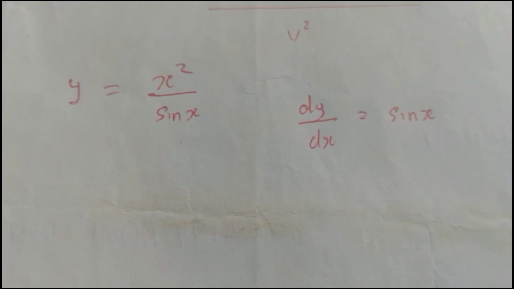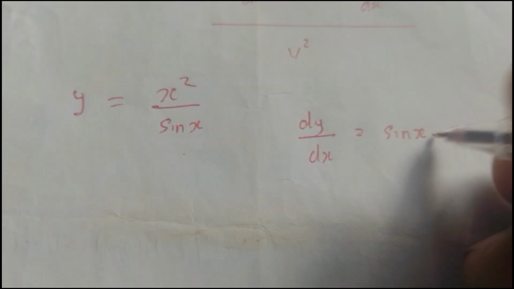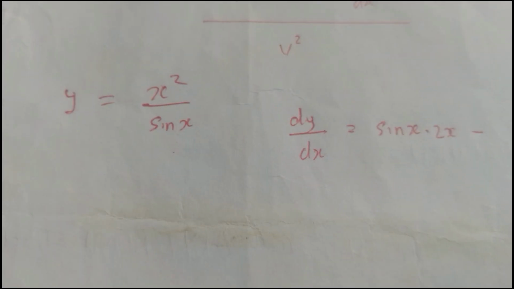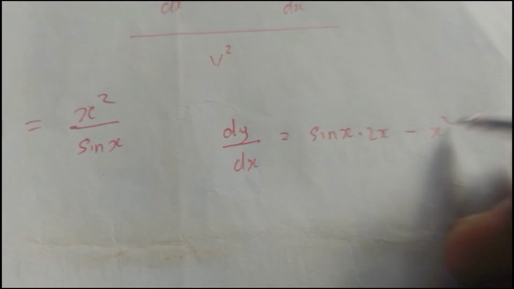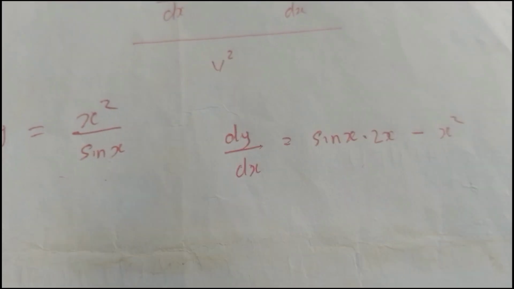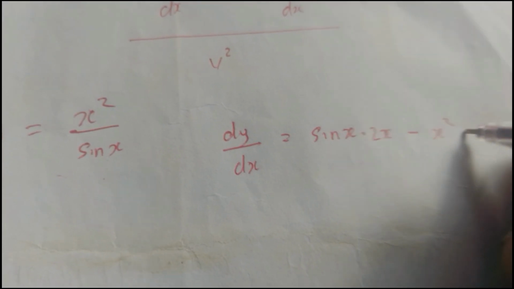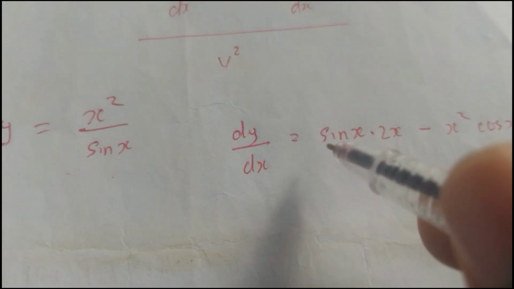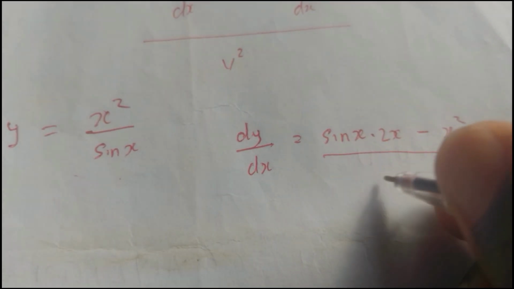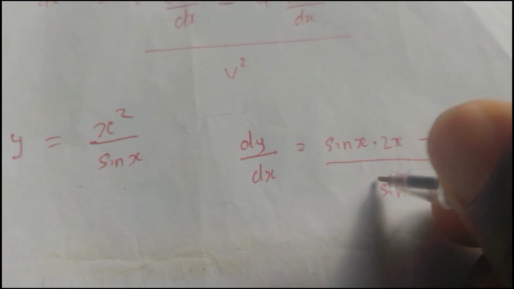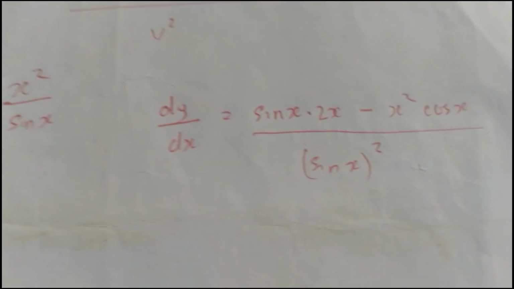Derivative of the first function, derivative of x squared is 2x, right? Yes. Minus the first function, derivative of this one, which will be what? Cos x, all over sine x squared, if you apply the formula very well.